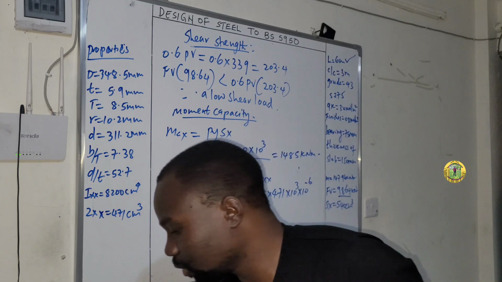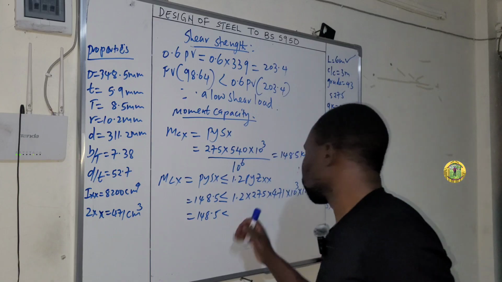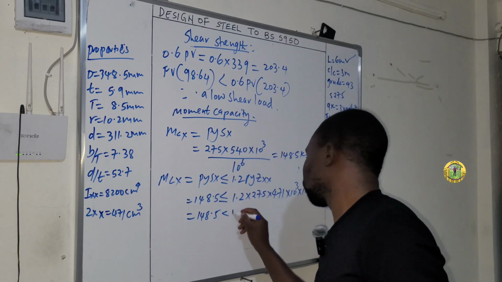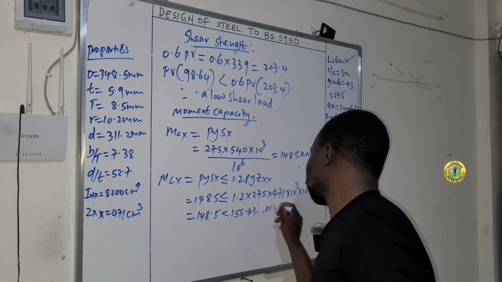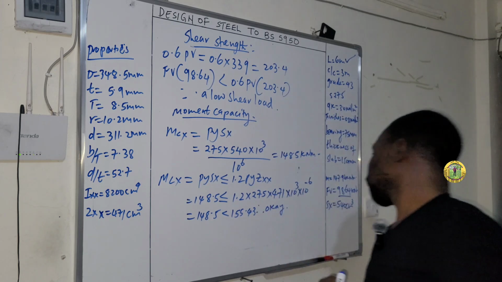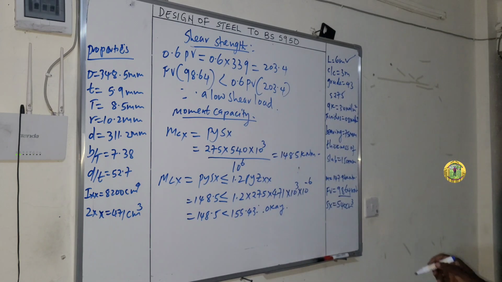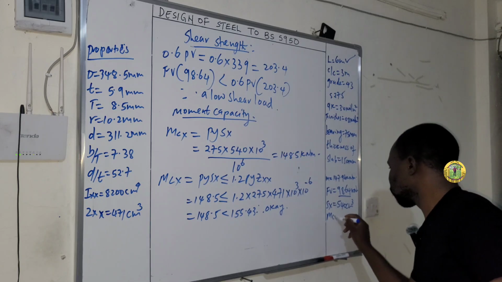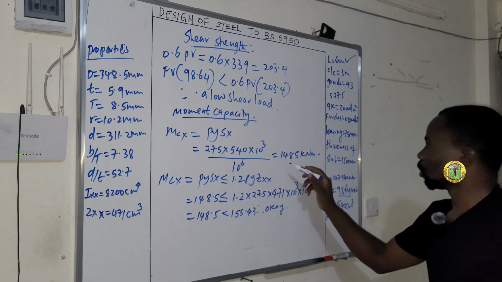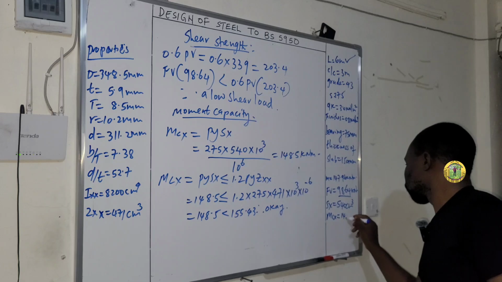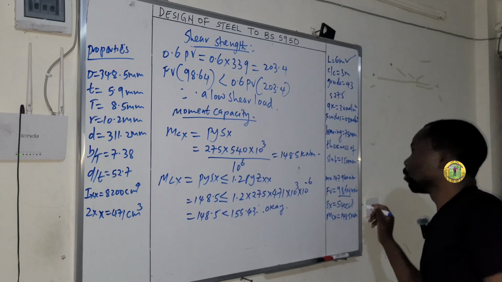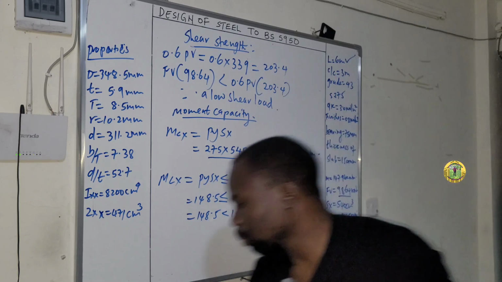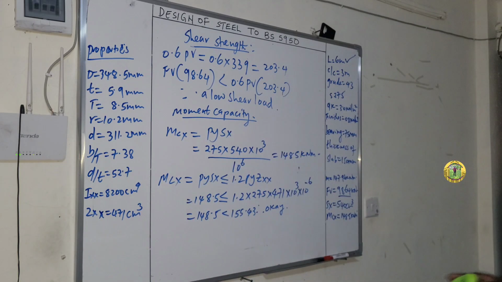This one is 155.43. Therefore, come here and write moment capacity is equal to 148.5 kilonewton meter. So we proceed to moment due to own weight of the beam.